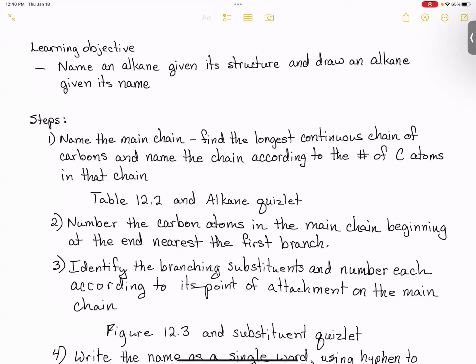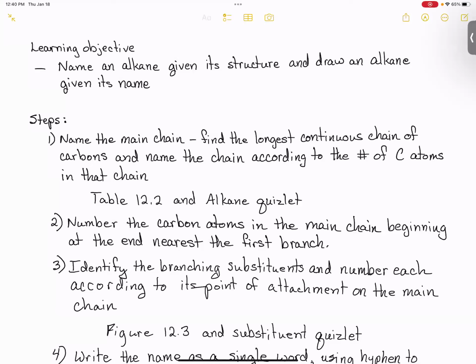We will keep the main chain to be from one carbon atom, which is methane, to 10 carbon atoms, which is decane.